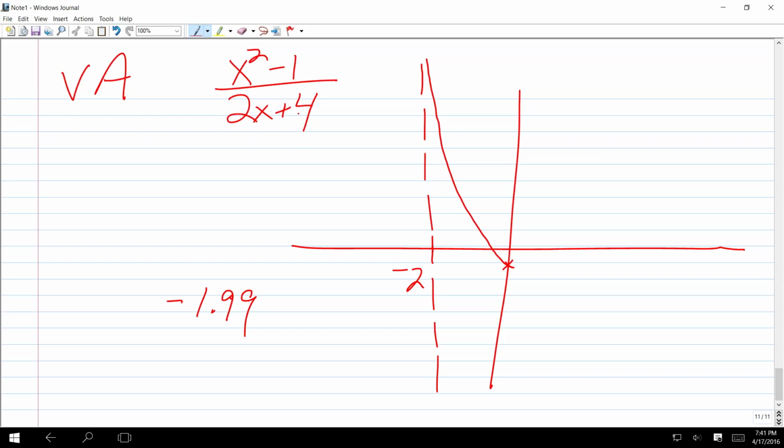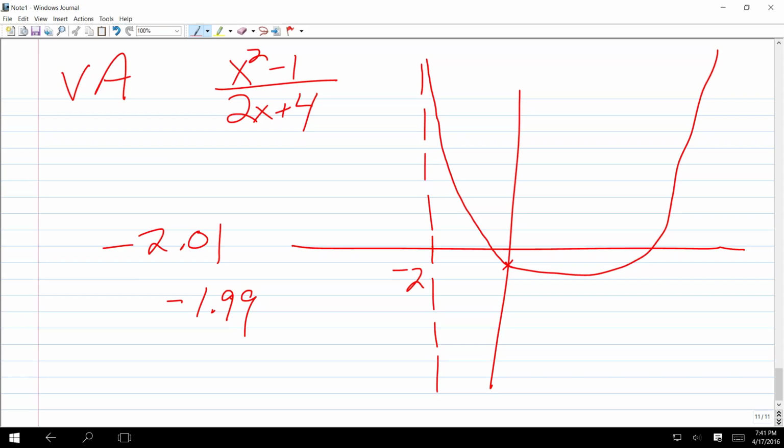Now, when x gets big, the numerator blows up, so this thing has to turn around and go something like that. Now, from the left, we would be starting with a number like that. Notice the numerator stays positive because it's an x squared.